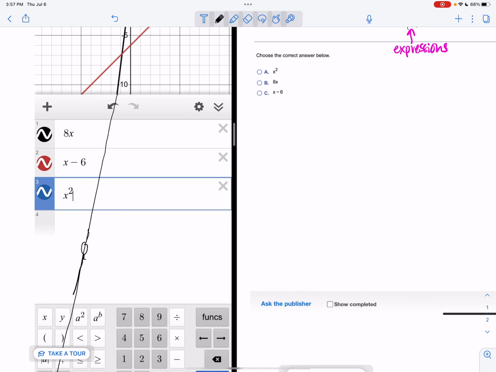All right, let's look at the second part. The next part is red, and the domain is between negative 5 and 2. So it's only x minus 6 when x is between negative 5 and 2. So look at the red when x is negative 5.